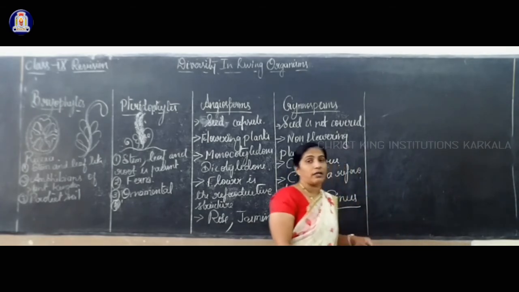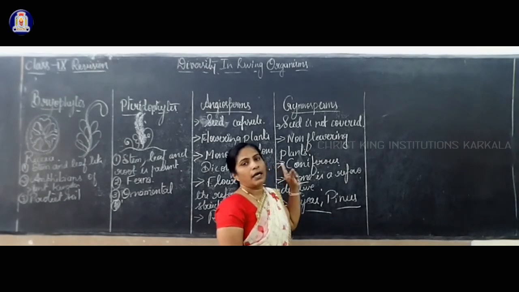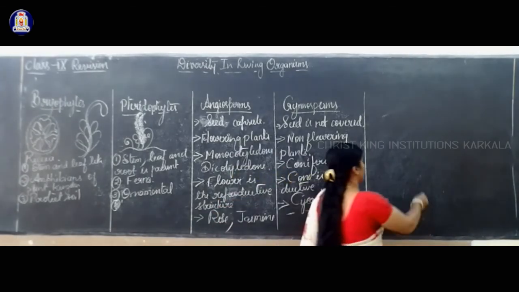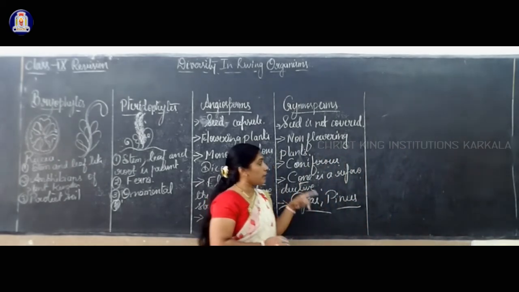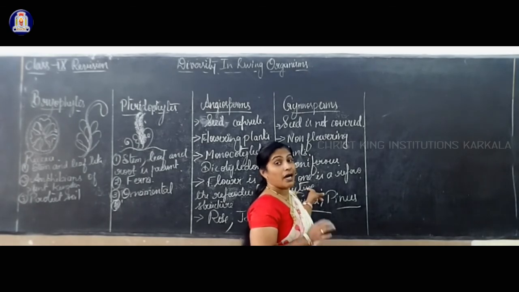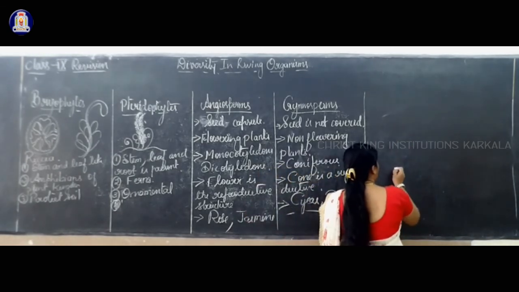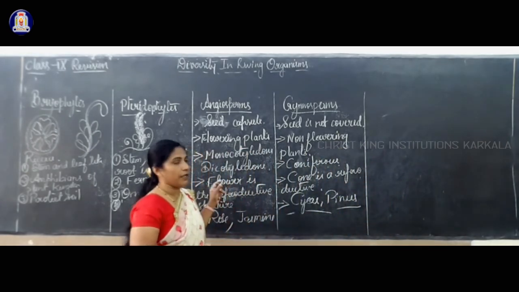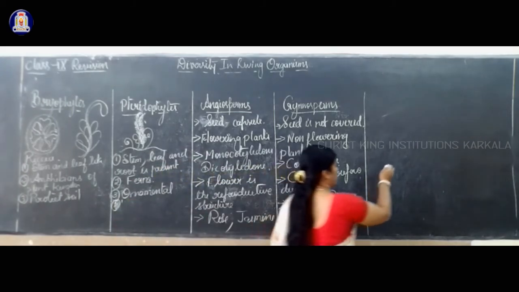I'll draw a diagram to understand the topic of monocotyledon and dicotyledon. I'll take two examples. The first one is a monocot plant, like coconut, palm plants, or paddy. The reason: when you sow the seed on the earth surface, it consists of a single seed leaf.